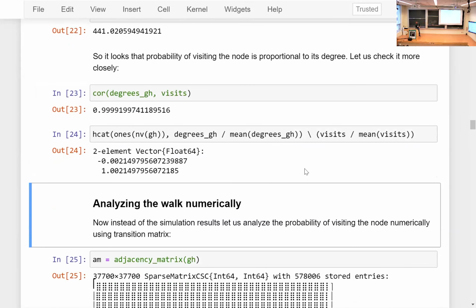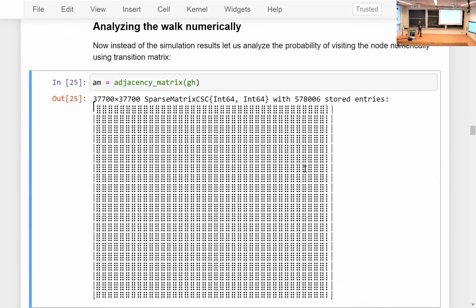But we can then ask, can I analyze it numerically with Julia? So first, let's create an adjacency matrix of this graph. As was discussed yesterday, Julia by default will make this matrix sparse, because if it were not sparse, it would not fit into my memory.